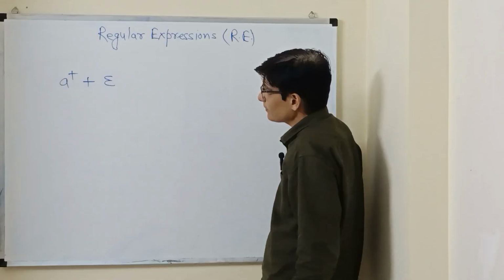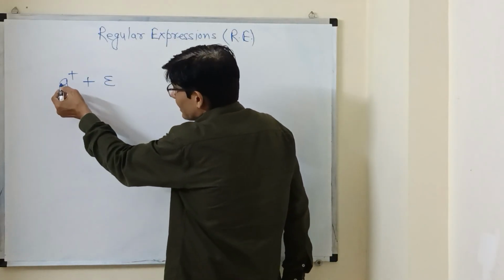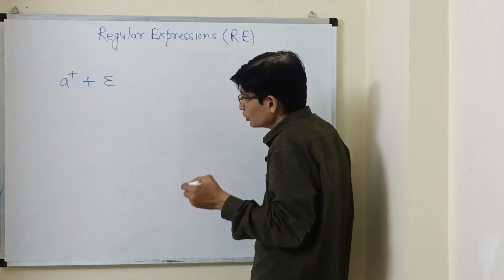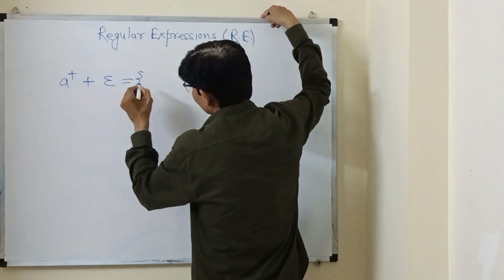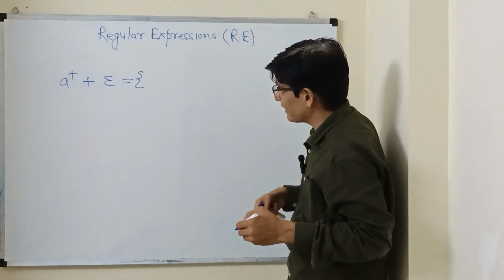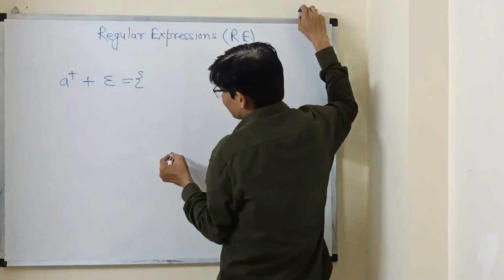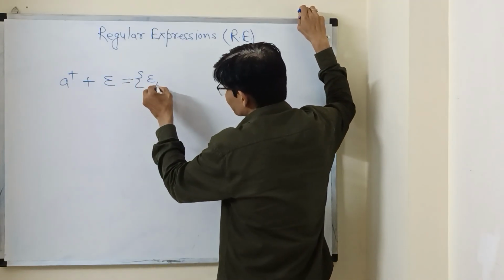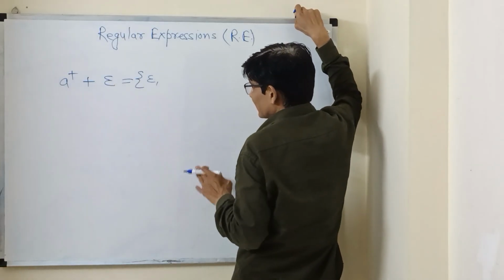Now you can see we have two choices, either epsilon or any member of this set. So what language or set would it be representing? Obviously, as we have the choice of epsilon here, we can create epsilon with this regular expression.